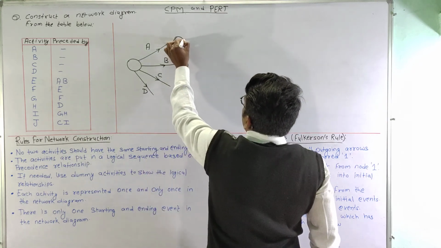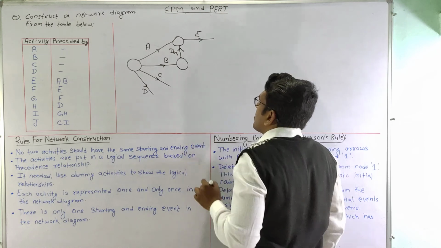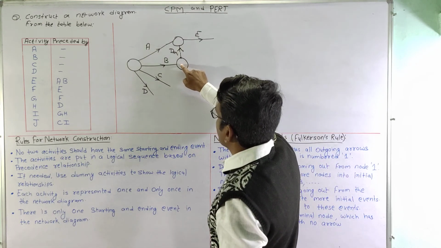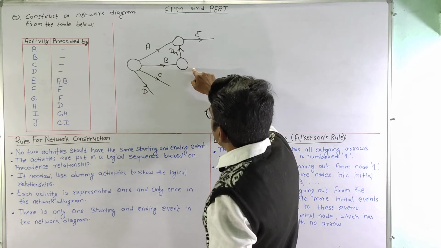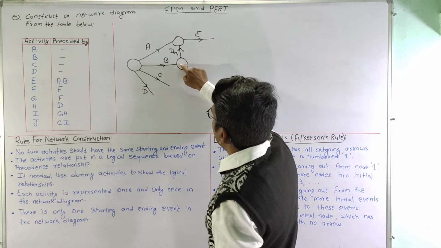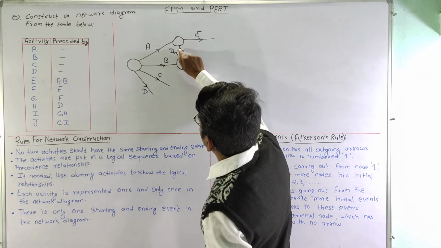So we can see activity E can be started from this node, and it cannot be started from the other node because at that node only activity B is completed and the dummy activity is started from that point.